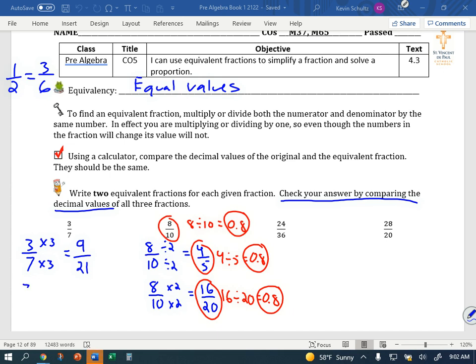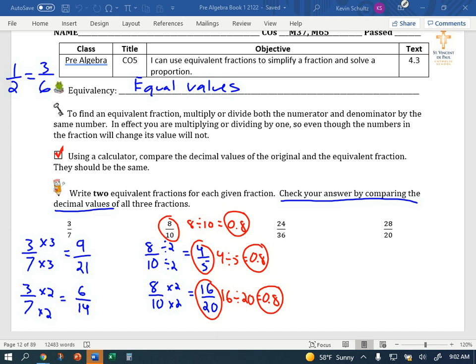What would someone else like to do to 3/7 to get an equivalent fraction? Blake. Multiply by 2. Okay. Multiplying each of them by 2 gives us 6/14. Now we've got to see if they're all equivalent. Did we do this correctly?